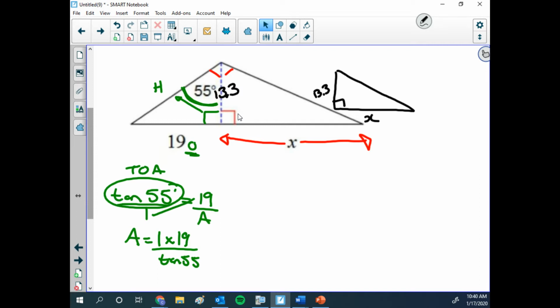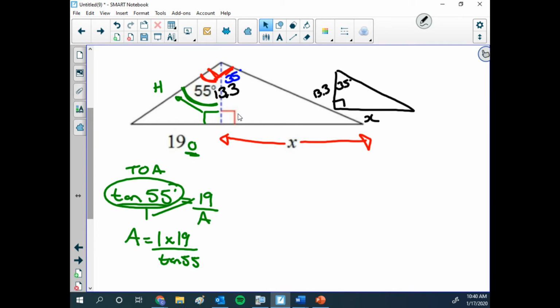Yeah, so we know that this here is 90 degrees, and if this portion of it is 55, this portion right here has to be 35 degrees. That's math. Sorry. Okay, so then if I put 35 degrees here, I'm going to go solve for X.